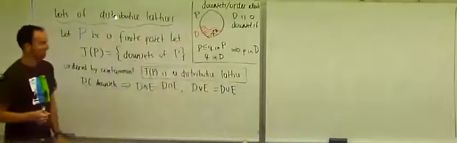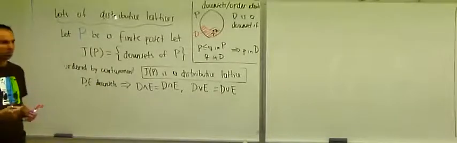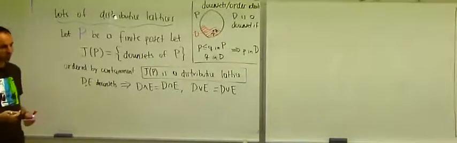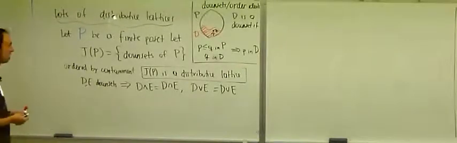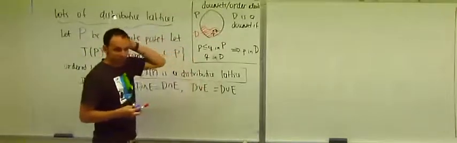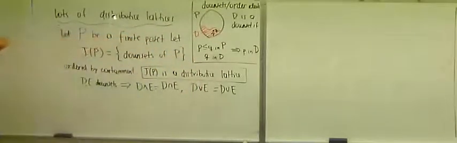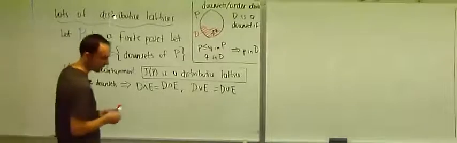The join is the union because of the same thing. If you take the union of two downsets, you're going to get a downset. So this makes this a lattice. And why is the lattice distributive? Because the operations are union and intersection, and union and intersection satisfy the distributive law. So there you go. That's a distributive lattice.